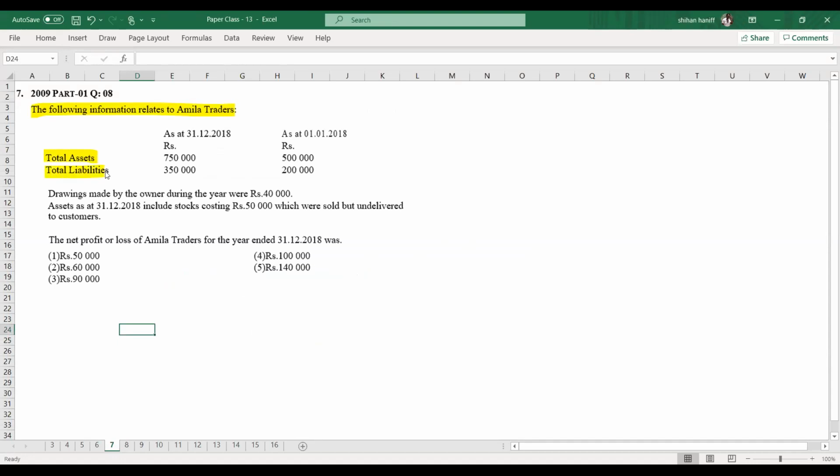Total assets and total liabilities as at 31st December 2018 and 1st of January 2018, opening and closing assets and liabilities. Drawings 40,000. Assets as at 31st December 2018 include stock costing 50,000 which was sold but undelivered to customers. What is the net profit or loss? Can you all calculate the net profit or loss from this?